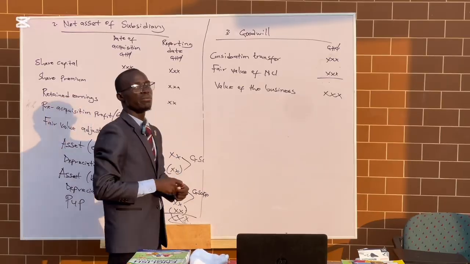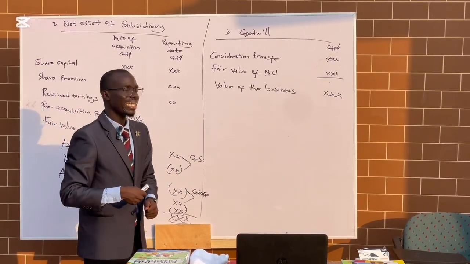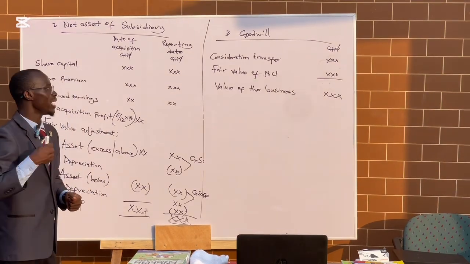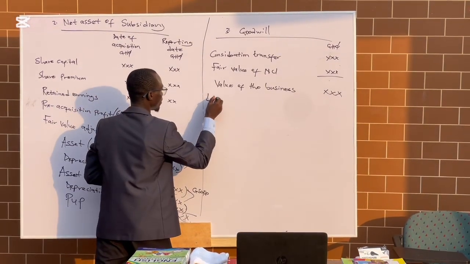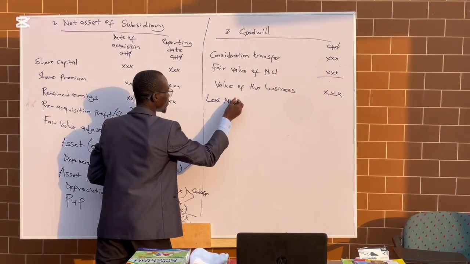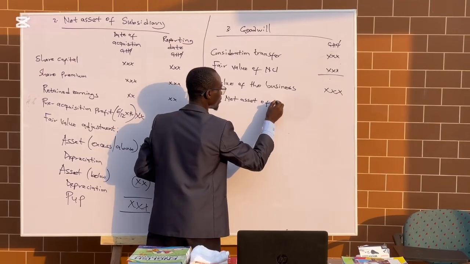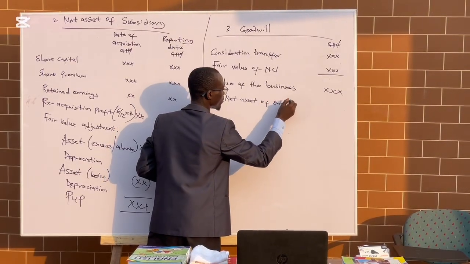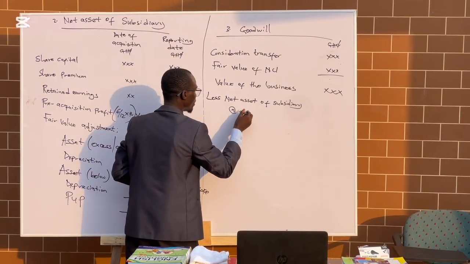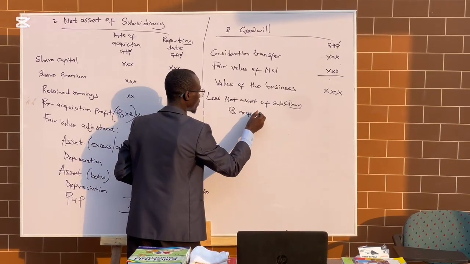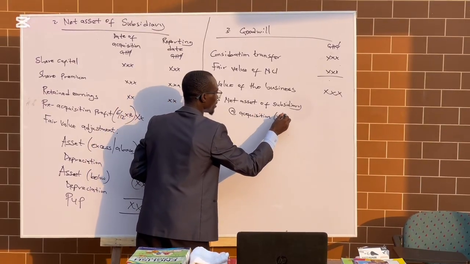When you get the value of the business, you are not done. You need to less the net asset of the subsidiary at acquisition. This figure will be picked from workings 2.